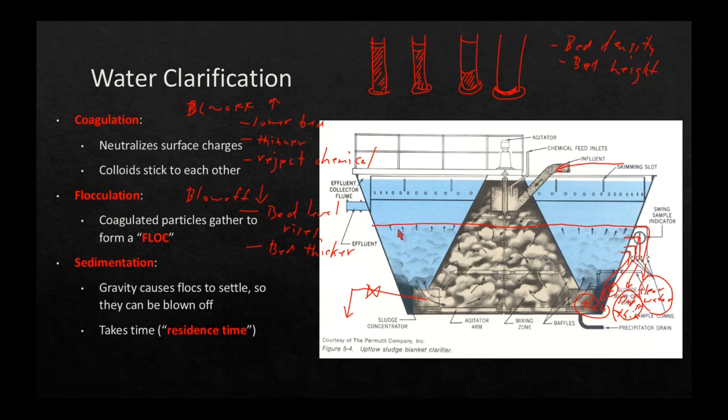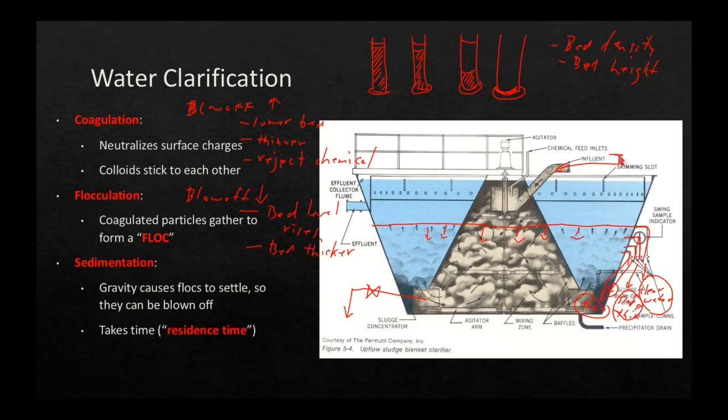And if everything is stable and very steady, this is pretty good. But if you're expecting an increase in makeup water, an increase in flow, then in anticipation of this increase in flow, we might want to lower the bed a little bit, because we know that the increased water flow will expand the bed.